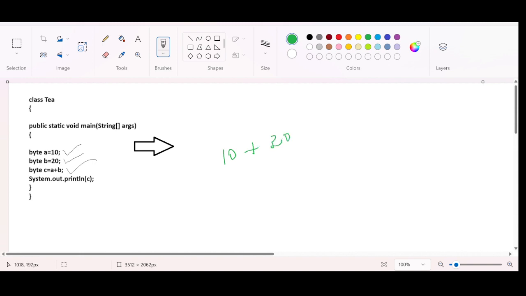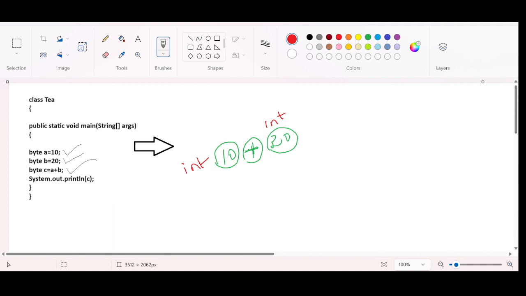This is representing A, this is representing B. But whenever you are trying to perform any mathematical operation, not only addition, even subtraction, multiplication, division, anything, I will do the mathematical operation only if the data types are integer, or a bigger data type. The minimum data type should be integer. If not, I am not going to proceed with this.